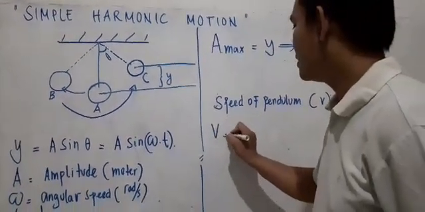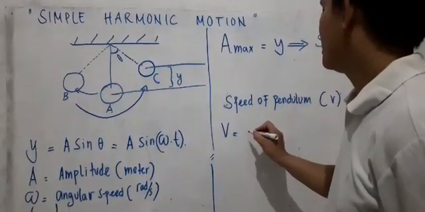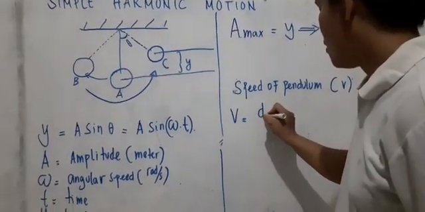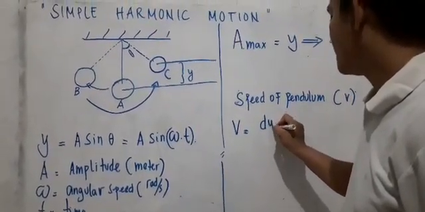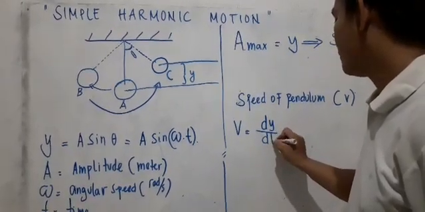The v here is the differential of the deviation with respect to time.